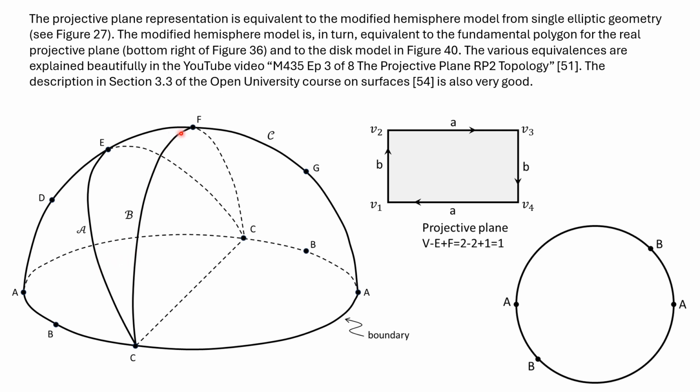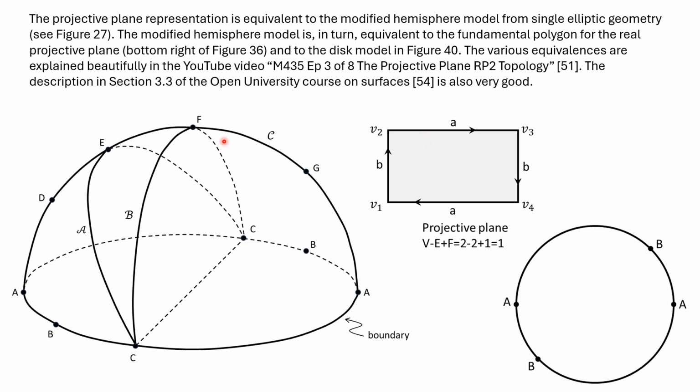And then the trick here is topologically, you can just squish this down flat, and then all these points on the hemisphere are interior, and then the points along the edge, which are mapped to points diagonally opposite, are these points here. So this model is equivalent to this model, and as we saw in the previous slide, this is equivalent to this.